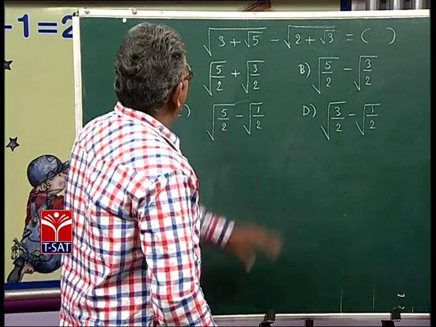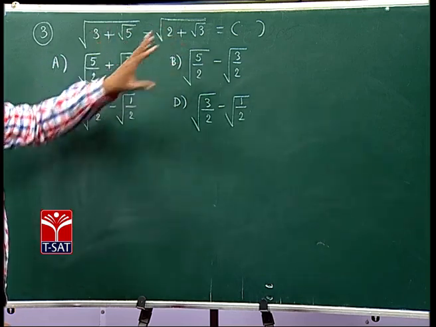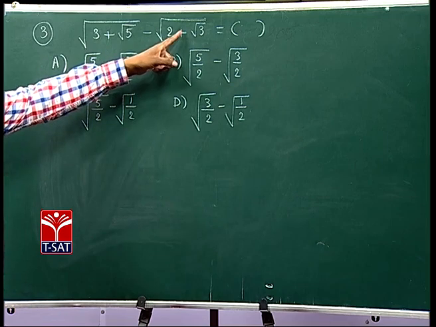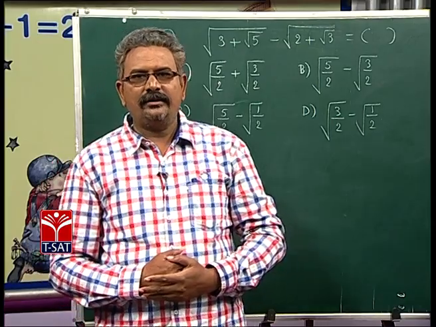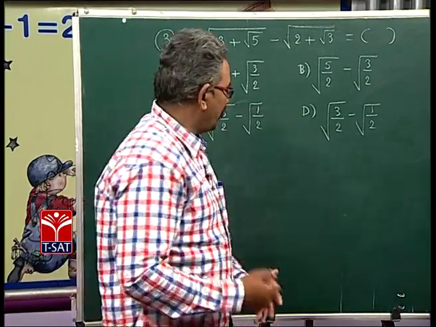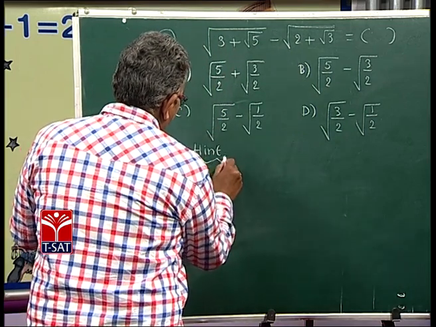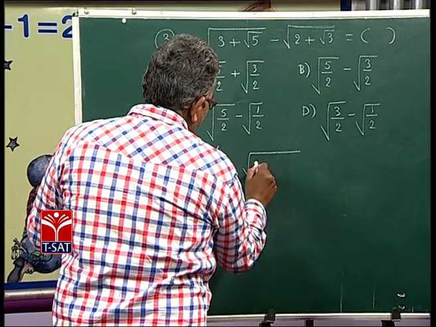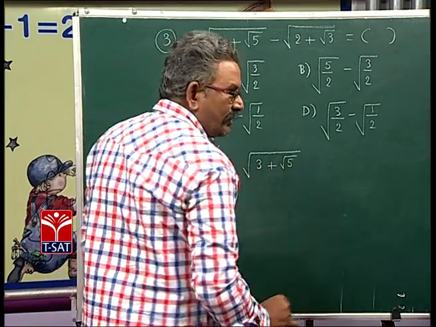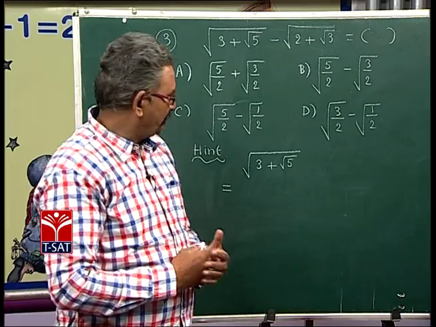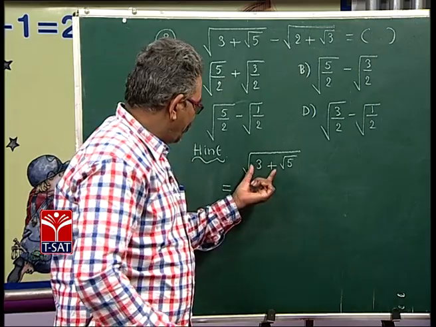Okay. That means first we have to find out the square root of this one, next the square root of this one. So subtract square root of 2 plus root 3 from square root of 3 plus root 5. So that is the problem given. Let us solve it. If you want to find out square root of 3 plus root 5, we have discussed earlier, these kinds of problems we solve by multiplying and dividing by 2 inside the square root.